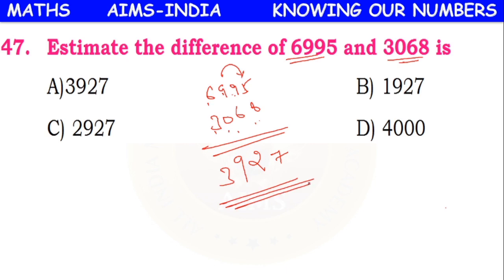Estimate means we have to round it off to the nearest 0. If not mentioned any hint, we can round it off to the nearest 0. So 4000. D option is the correct answer.